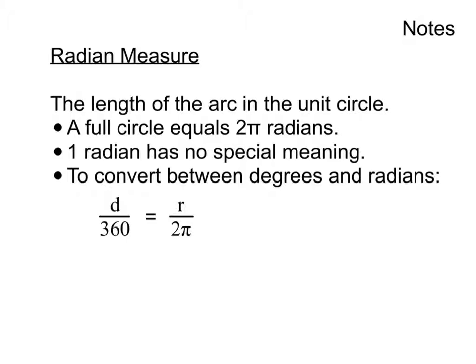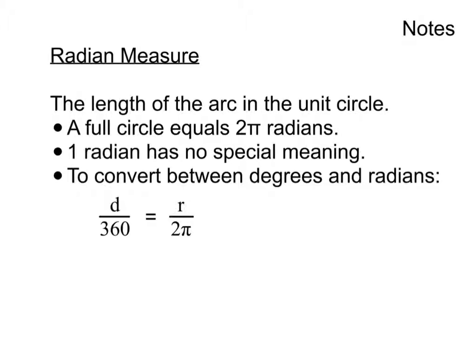A full circle in radians is 2 pi. So basically, if I'm going to be able to switch between the two, I'm just figuring out, okay, what fraction out of the whole 360 degrees is that? In other words, what fraction of the circle does that represent? And then I can use that to figure out the fraction of the other unit that represents out of the whole circle.